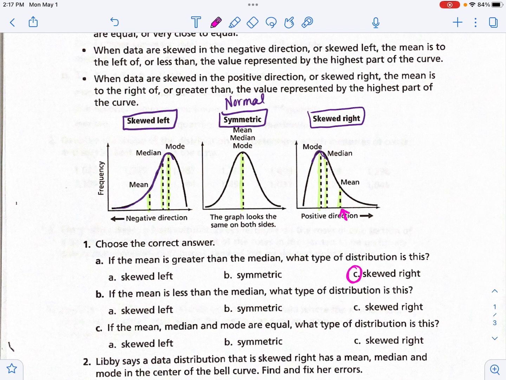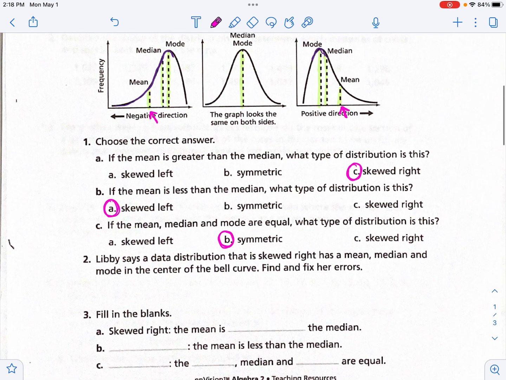If the mean is less than the median, right here, then it is skewed left. And if the mean, median, and mode are all equal, then it's symmetric. Okay, so we can see that by that lovely graph that they gave us.